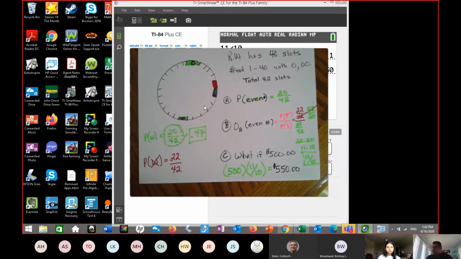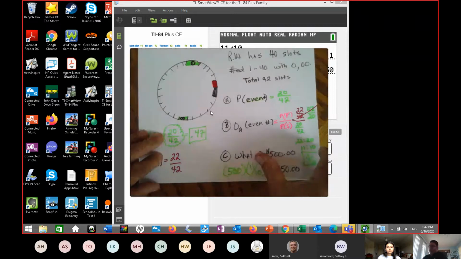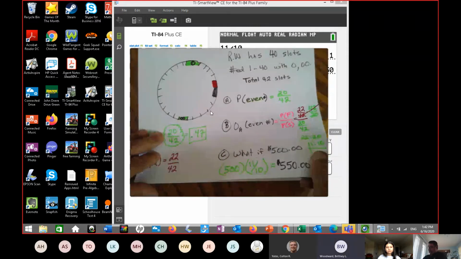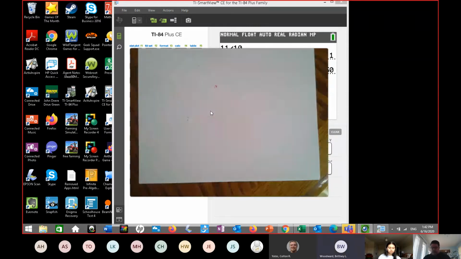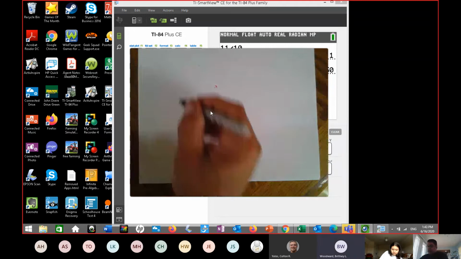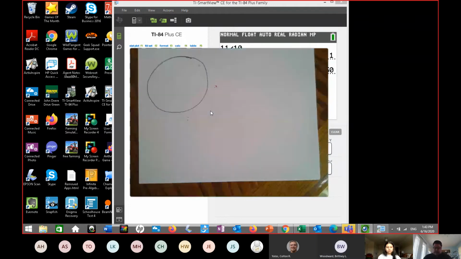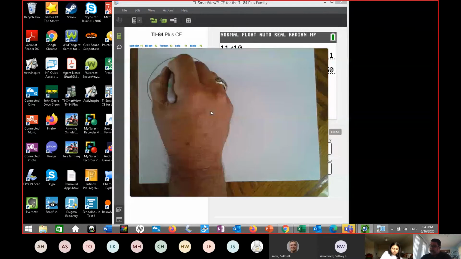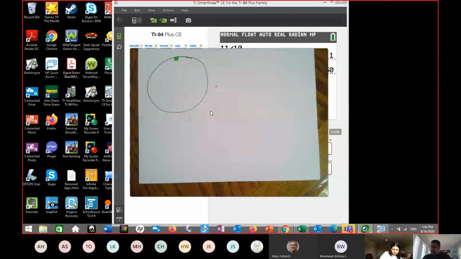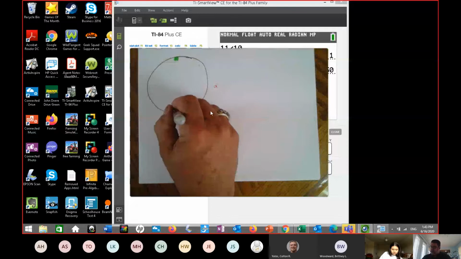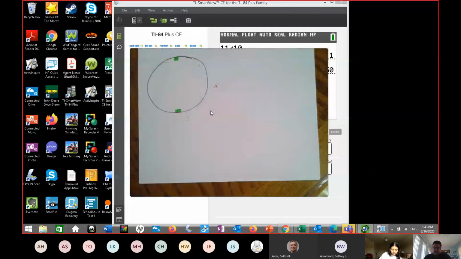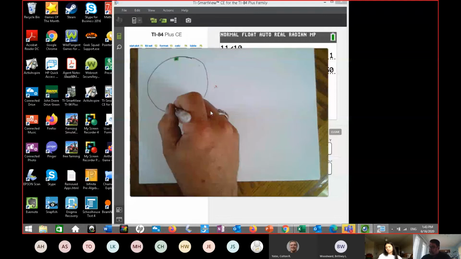So let's do this with a different twist. Let's say you got the same roulette wheel, and I'm just going to draw a circle, and I'm going to draw 2 that are green, and that one's green down here, and that one is 0 and double 0.